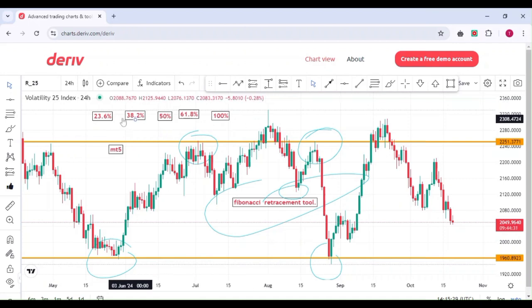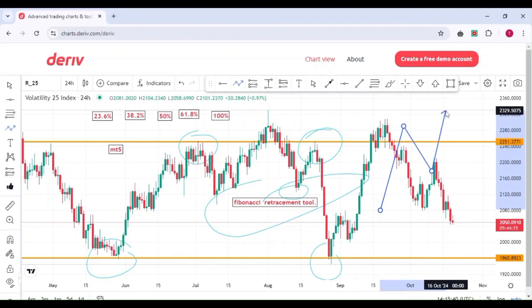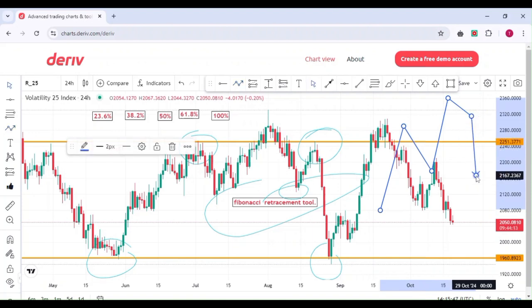These levels help traders determine where prices might reverse. If the market was moving creating higher highs and higher lows, it shows you whether the market will reverse to the downside or move to the upside. So these key levels help us identify where the price might reverse or continue with its trend.